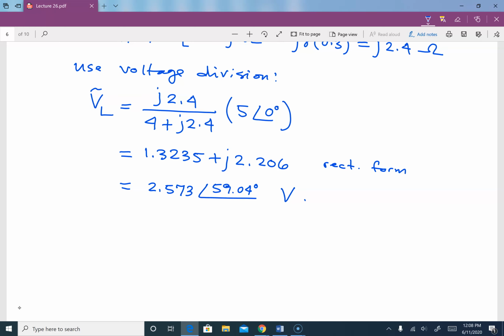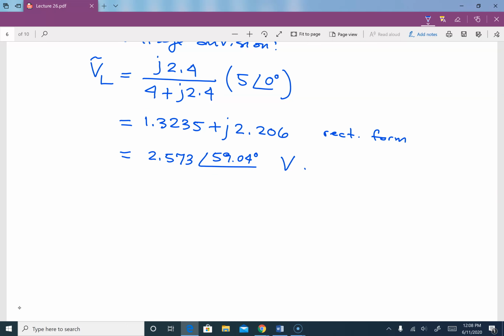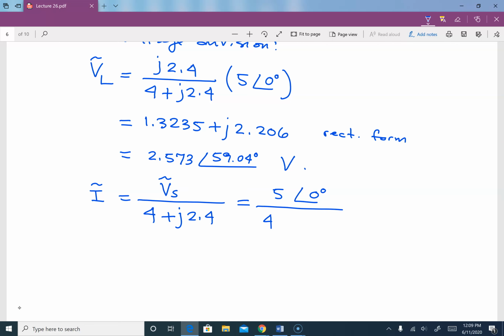So we still have our quantities in phasor domain. Now the current I is equal to Vs divided by the total impedance, 4 plus j 2.4, that is 5 with angle 0 divided by 4 plus j 2.4, and the answer here is 0.9191 minus j 0.5515, in rectangular form.